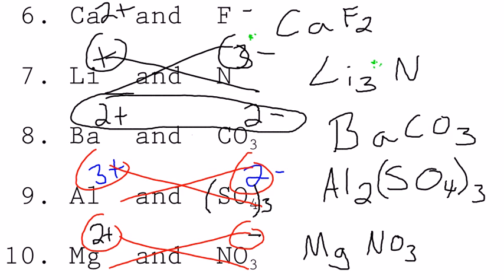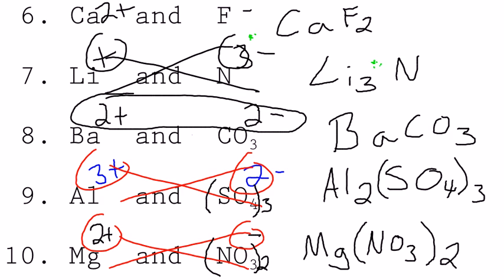So remember, we don't want to just write a 2, that's NO32, and that's crazy. So instead we use parentheses to separate the nitrate out from the number of nitrates that we have. And that's how you write an ionic compound.